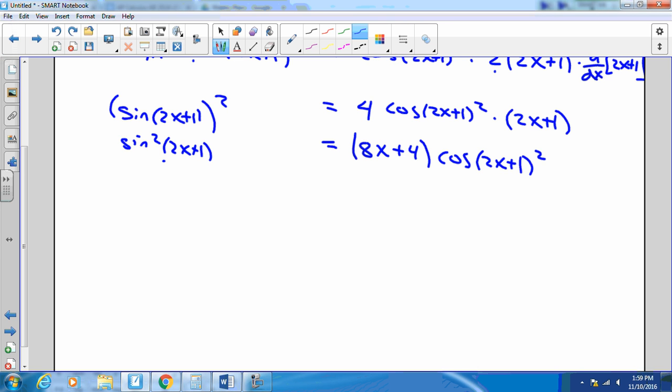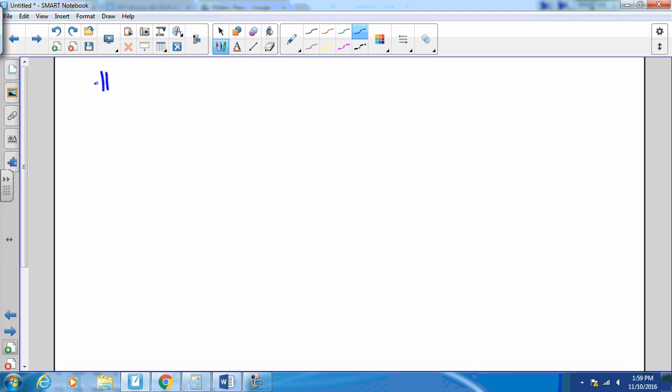Okay, let's take a look at number 31. In number 31, we're given a function that looks kind of innocent: y equals cotangent of 3x minus 1.